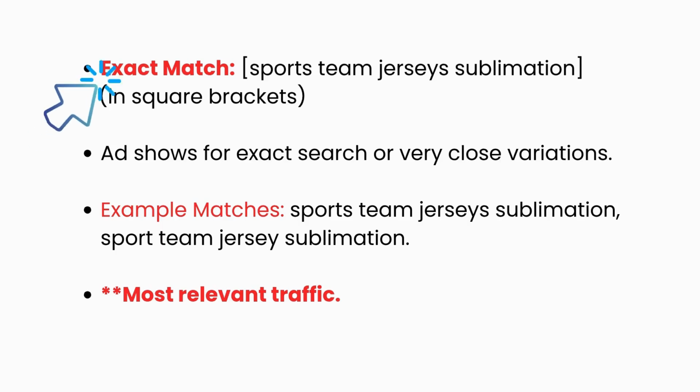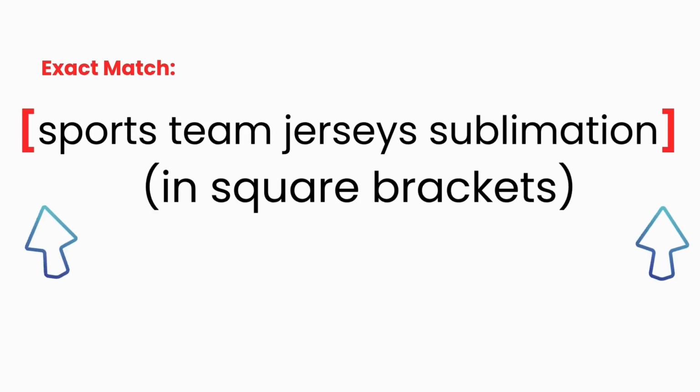Finally, we have exact match. This is like setting up your lemonade stand right in front of someone who specifically asked for lemonade. To use exact match, you put square brackets around your keyword like this.